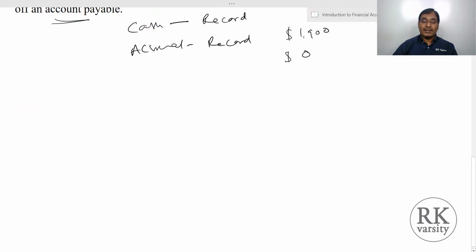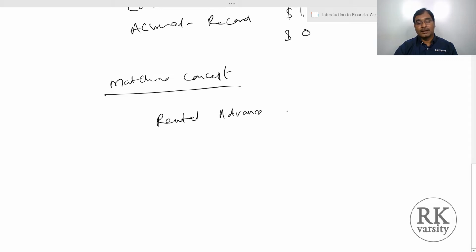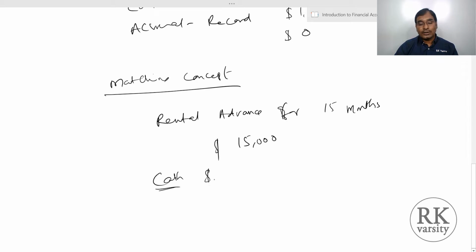The major issue with the accrual basis is related to the matching concept and revenue recognition. Let us say, for example, you paid rent in advance for 15 months, and $15,000 is paid. According to the cash basis of accounting, all the $15,000 is shown in the current accounting year only.